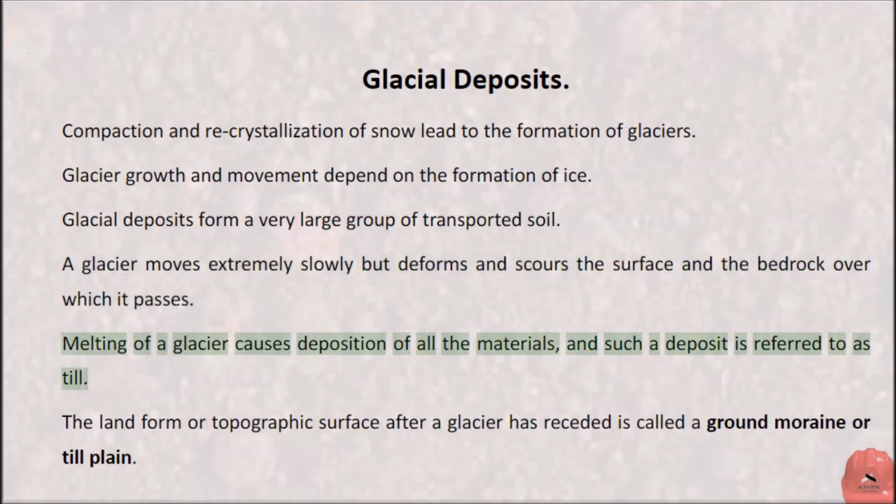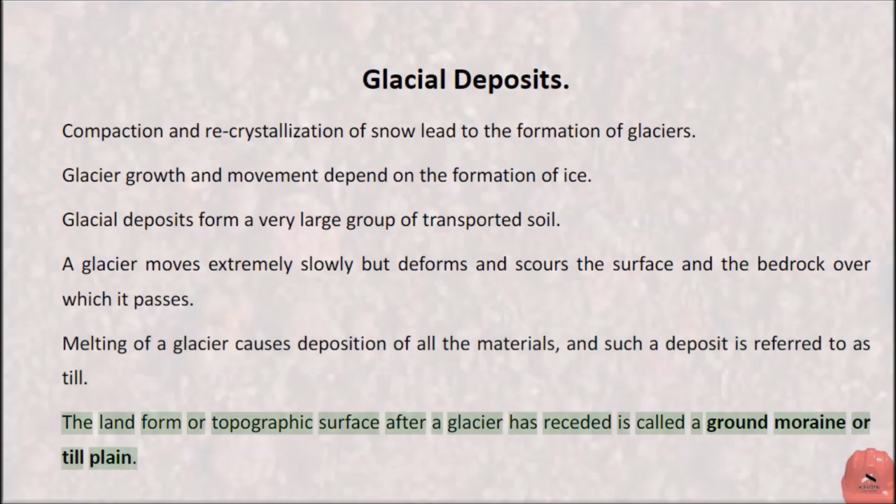Melting of a glacier causes deposition of all the materials, and such a deposit is referred to as till. The landform or topographic surface after a glacier has receded is called a ground moraine or till plain.